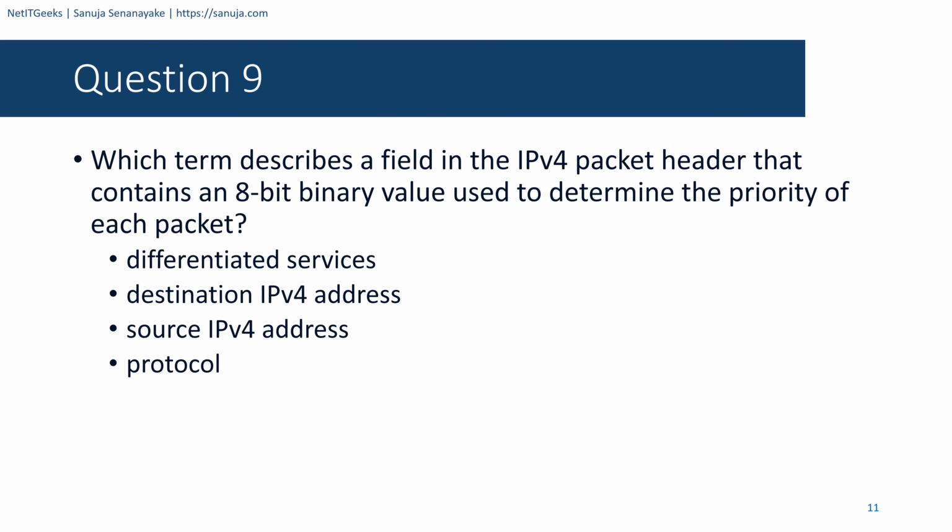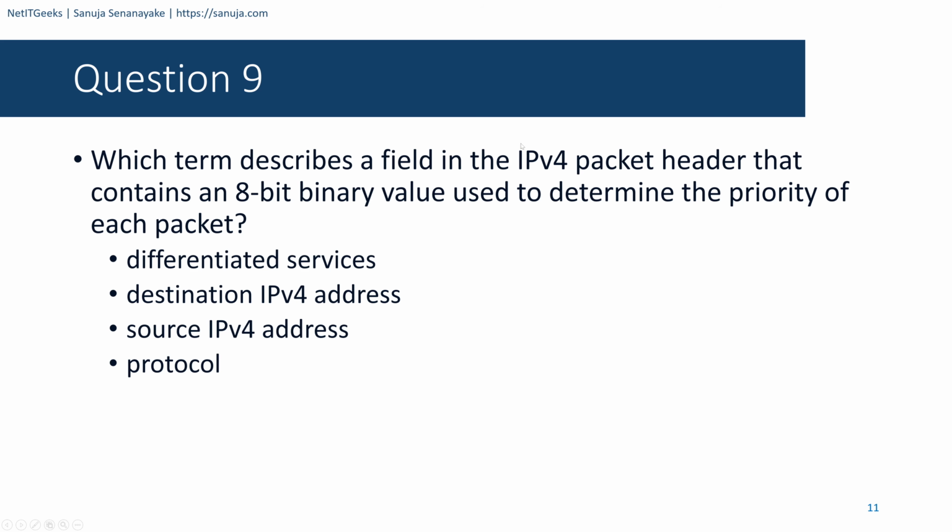Question number 9. Which term describes a field in the IPv4 packet header that contains an 8-bit binary value used to determine the priority of each packet? So we are looking for a term that describes an IPv4 field. Remember, we are not looking at IPv6 yet here.